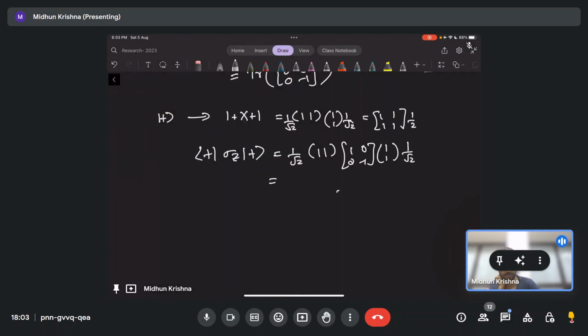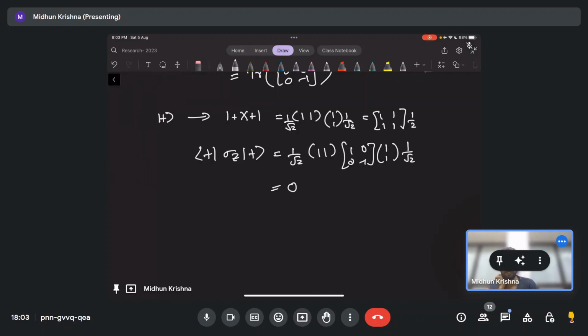And what will this be? You can calculate. It's 1 by 2, 1 minus 1. I mean, you can do the calculation. It'll come out to be 0.